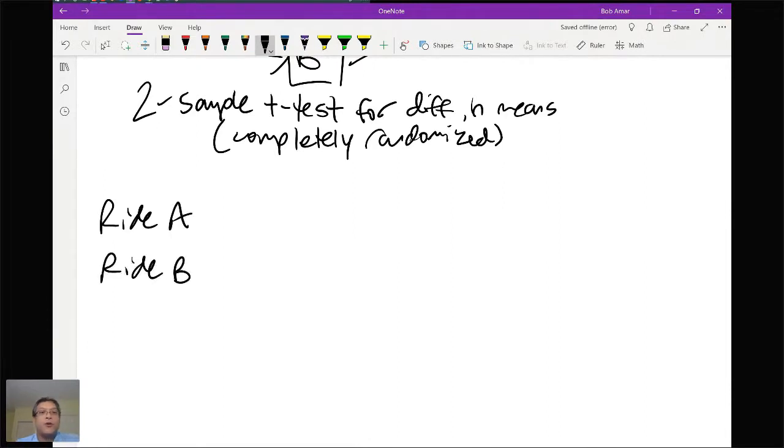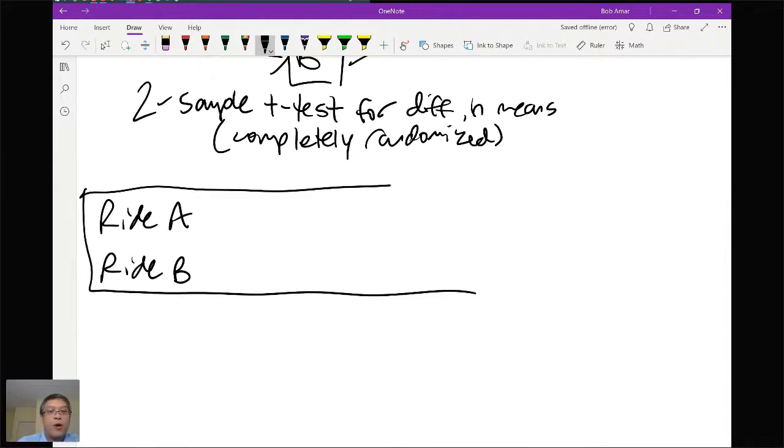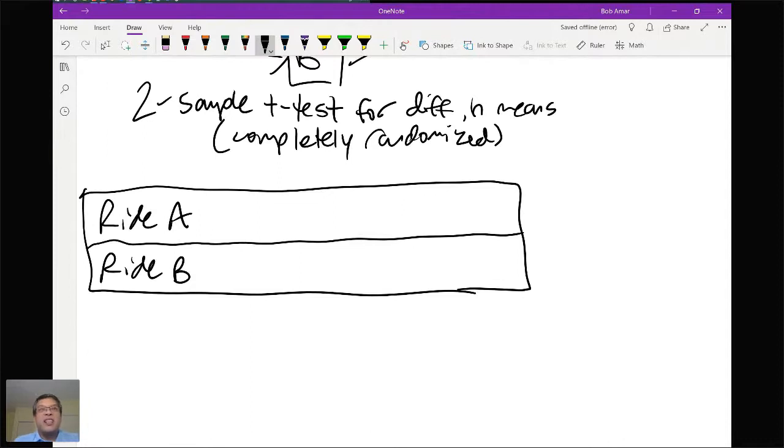Let's say that you and a bunch of your friends go to an amusement park, and you want to know whether ride A or B is more popular. Ride A is more popular if it has the longer wait time, and assume that wait times mean the same thing for both rides. You and your friends randomly split up times, and you're going to enter these rides at the same time.